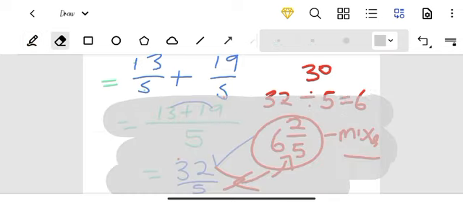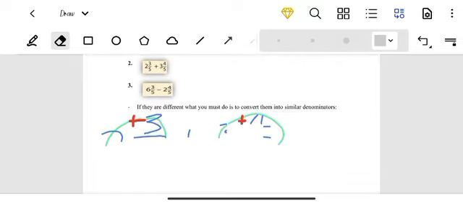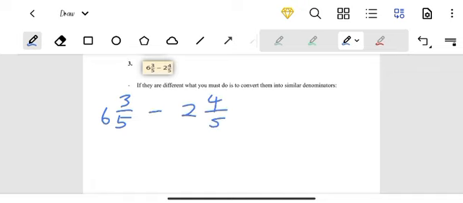So let me remove this so that we can jump to the next one. The next one, number 3, says 6 whole number 3 over 5 minus 2 whole number 4 over 5. So what you're going to do next, you can simply change that into improper.